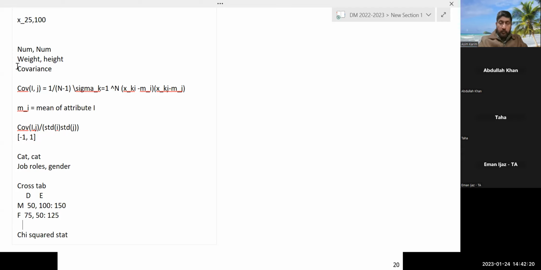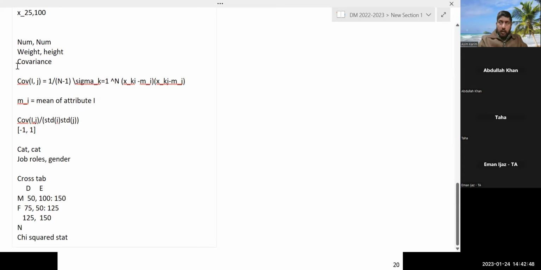So we have 50 for doctors and 75, so 125 comes here, and 100 and 150. Okay. So what will the total be, 150 plus 125, 275. So n is equal to 275.